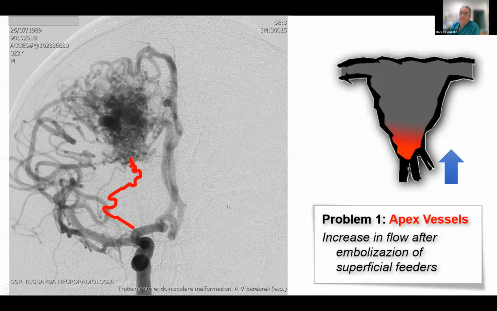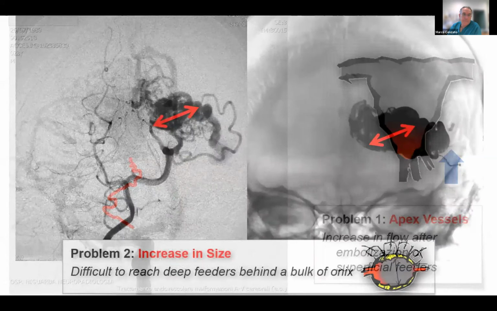And so when you arrive in surgery, these vessels are more complex than they were before.